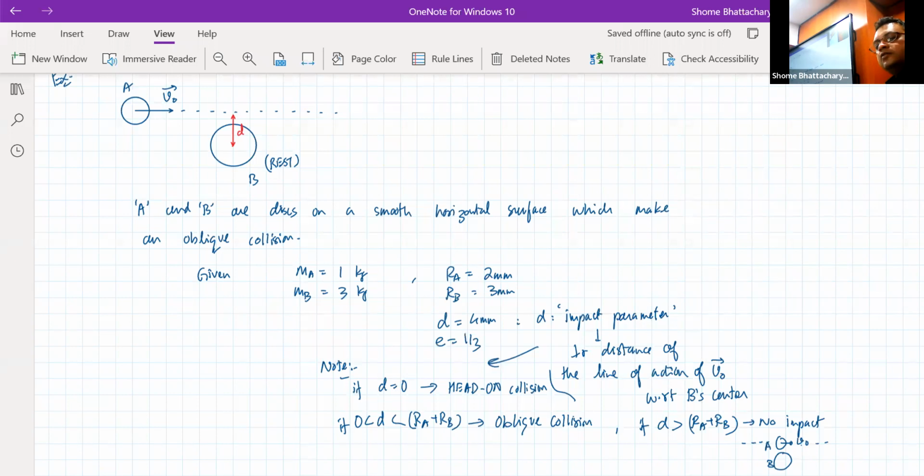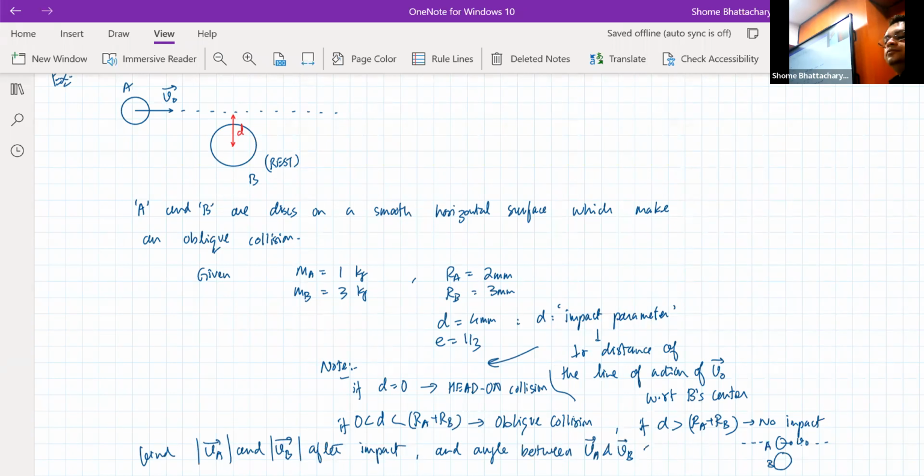So we have to find velocity of A and velocity of B after impact. So let's say we'll find mod VA and mod VB after impact, and find the angle between these two vectors, that is VA and VB, how much angle they have.